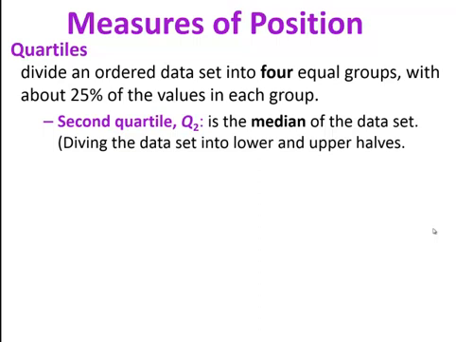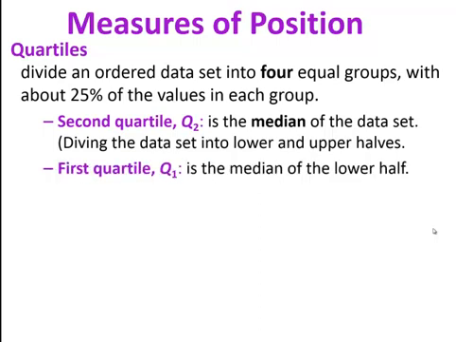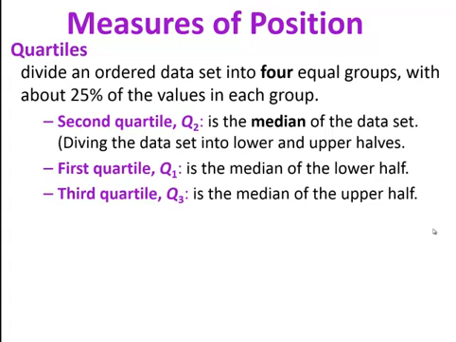It divides the data set into lower and upper halves. The first quartile is the median of the lower half of the data set after you've divided it into 2 data sets. The third quartile is the median of the upper half of the data set.